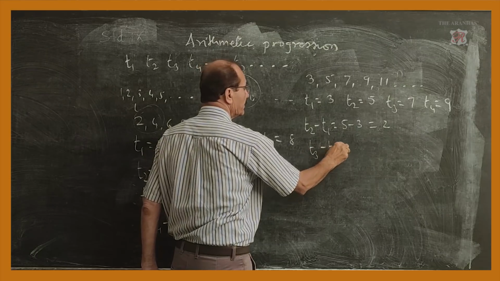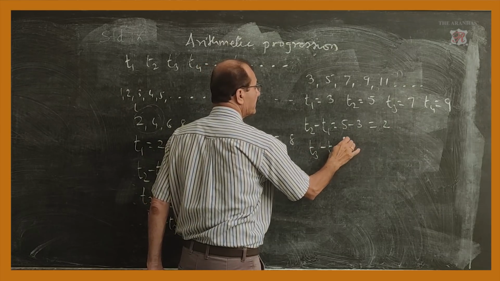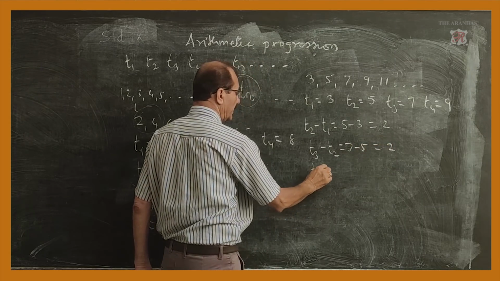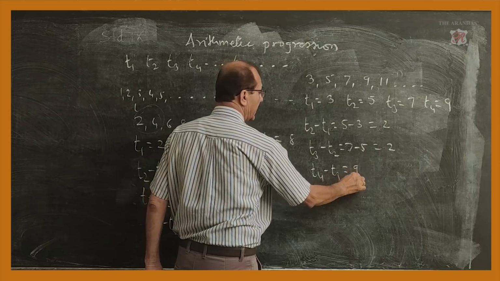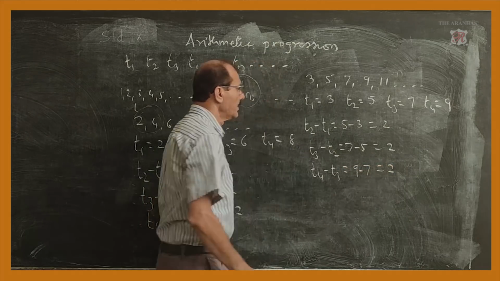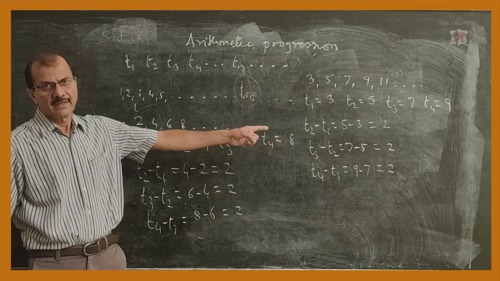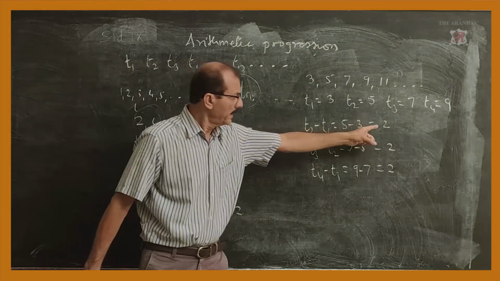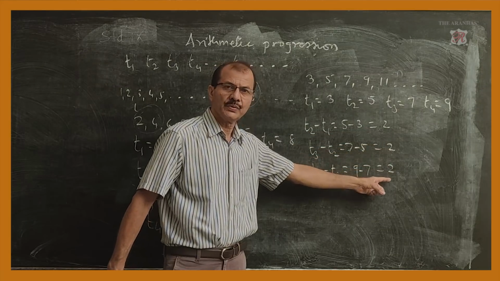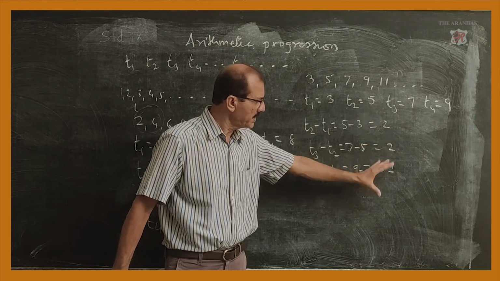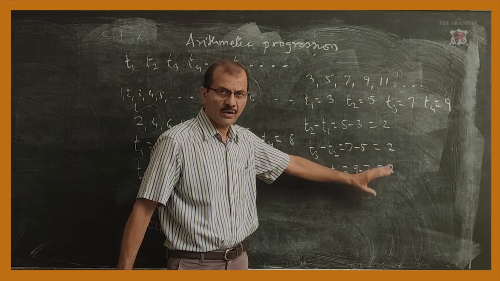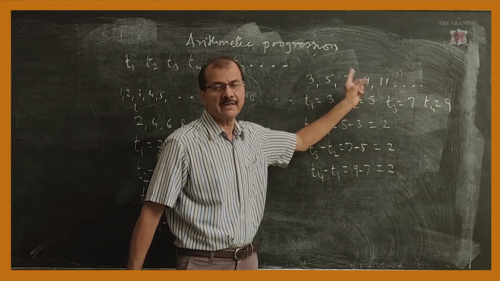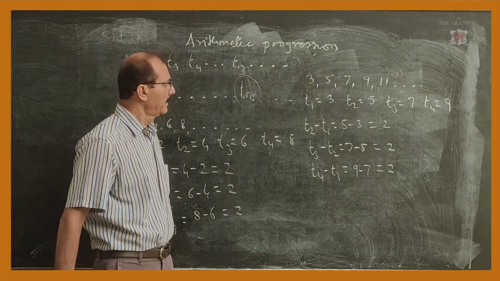T3 minus T2: 7 minus 5, which is 2. T4 minus T3: 9 minus 7, again 2. So you find that the difference in any two consecutive terms remains constant: 2, 2, 2. So if you get such a difference which is a constant, that means the given sequence is an arithmetic progression. Right?